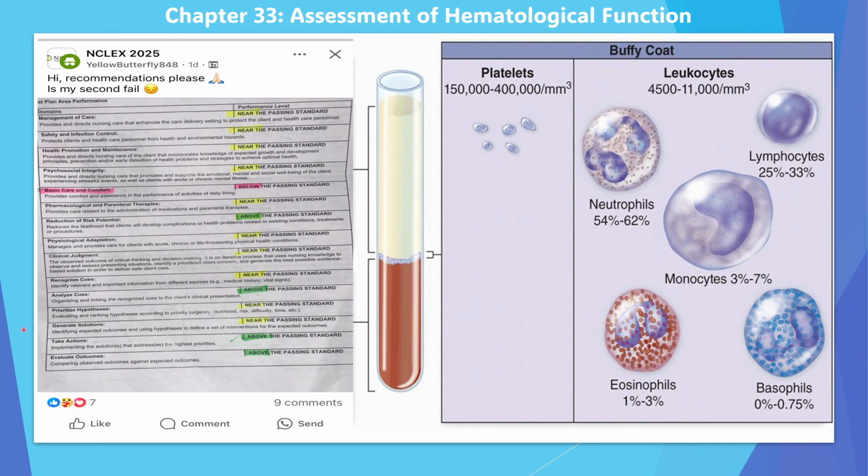So as you see, the basic care and comfort domain is below, and the other one is near. Here is the definition of each of them, and I think most of you who have taken the NCLEX already know about it. If not, then this is the definition.